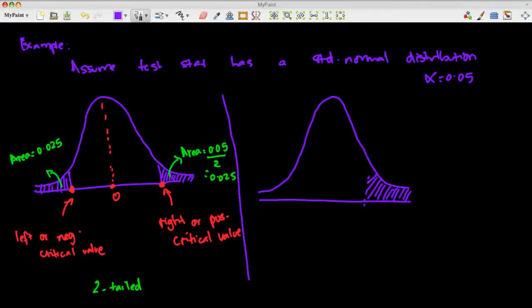The area of the rejection region in this case is all of alpha, and in the example alpha is 0.05. And the critical value, I have only one, which is the right critical value.